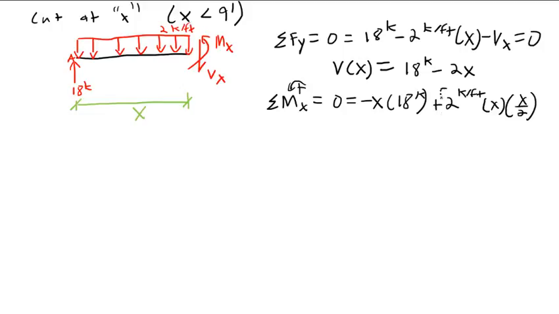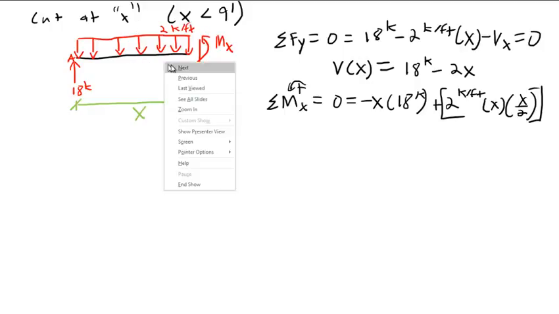Oh my, what is this nonsense? Okay, this is the moment generated by this distributed load about point x. If we find an equivalent load of this piece right here, it would be a total load of 2 times x, and it would occur at x over 2, halfway across the beam.